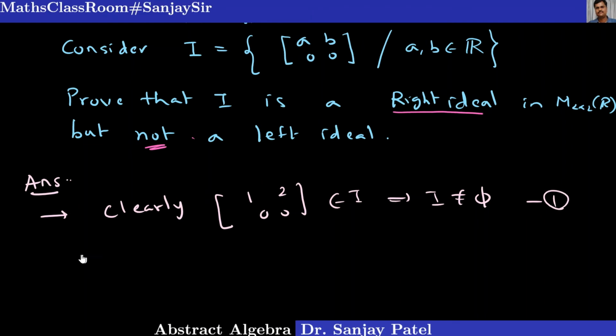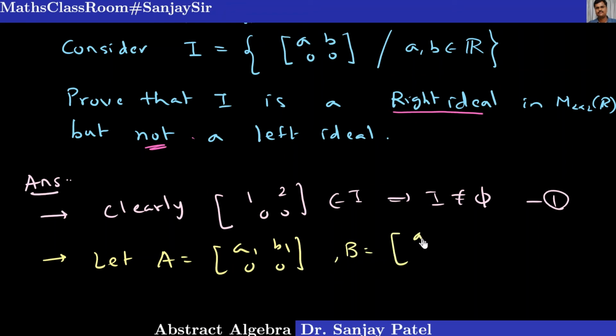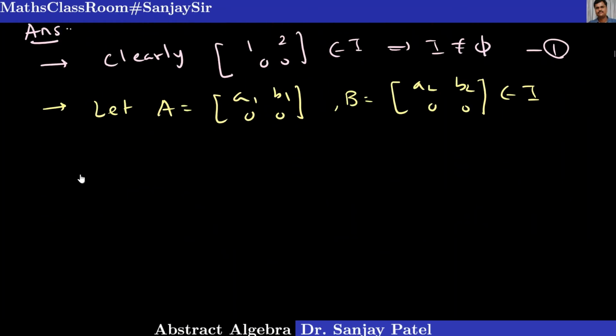Second thing is I want to prove that I is a subgroup of R plus. So let me take two elements, A equal to A1, B1, 0, 0 and B equal to A2, B2, 0, 0. Both belong to I. And then you can easily verify that A minus B is A1 minus A2 and B1 minus B2, 0, 0.